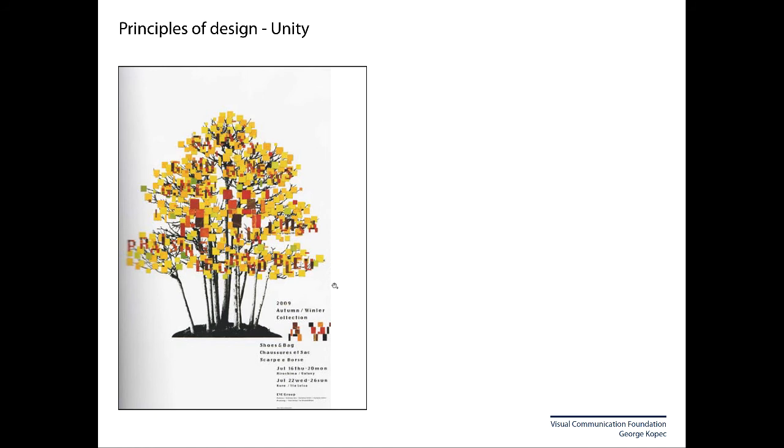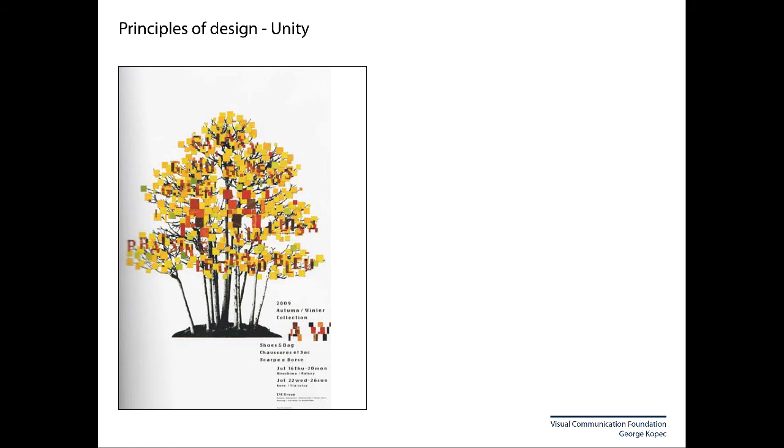Okay, so again, I'm repeating myself here. We're attracted to type. We look at it. We spend time reading it. So just be aware when you're making your compositions that a little bit of type, small in size, can keep the viewer's attention for a long time. And again, this is a balanced layout.